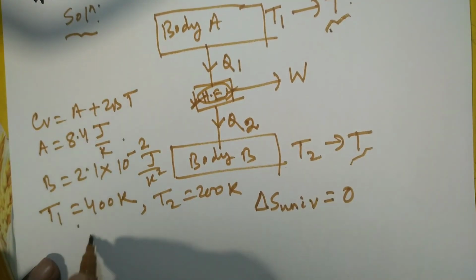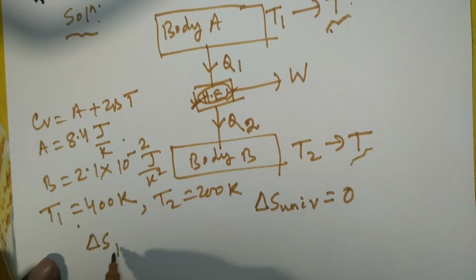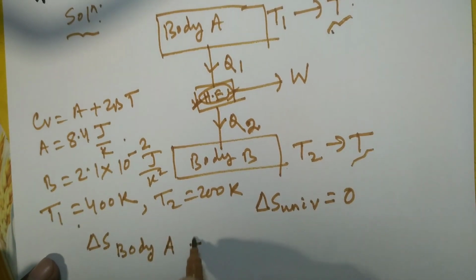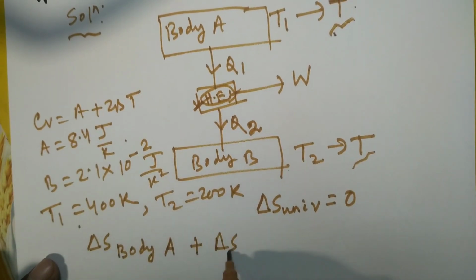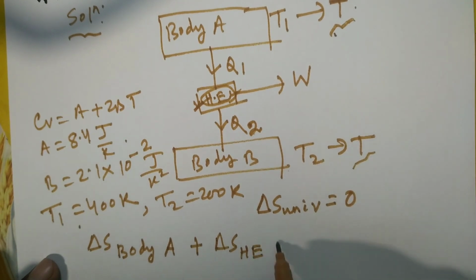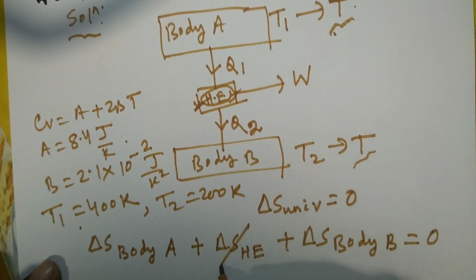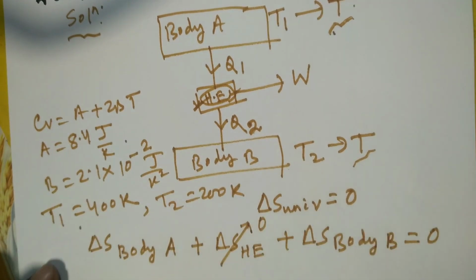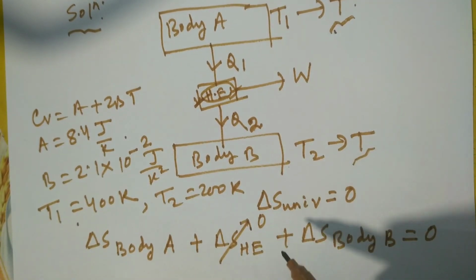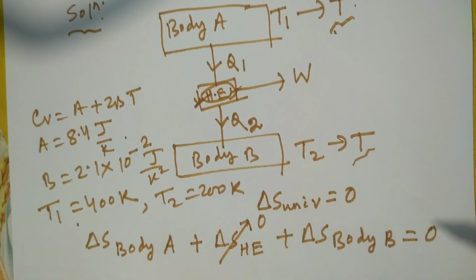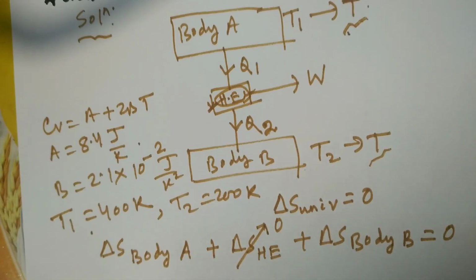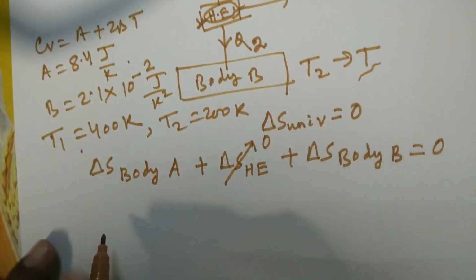So that means delta S of body A plus delta S of heat engine plus delta S of body B has to be 0. And you know delta S of heat engine is 0 because it is a cyclic process, and the cyclic integral of any property is 0. So we have to solve this equation.